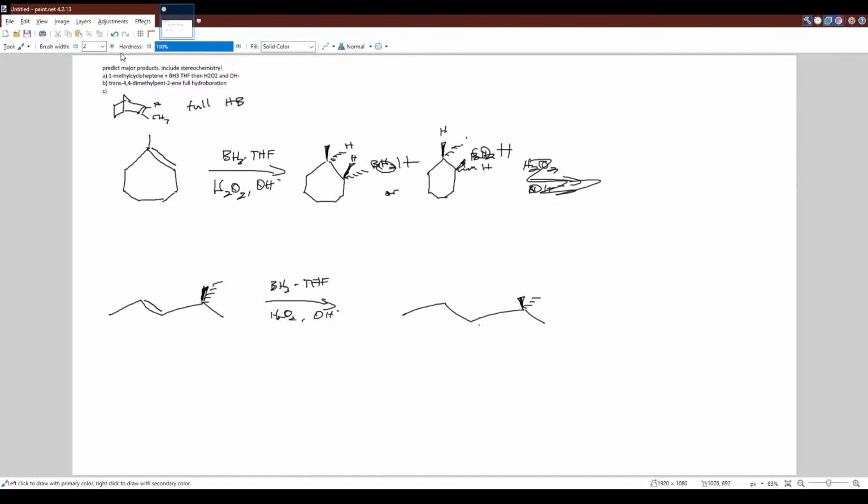Okay, so we could have hydroxide over here, like that. These are both H's. So we could have that, or it could be this.